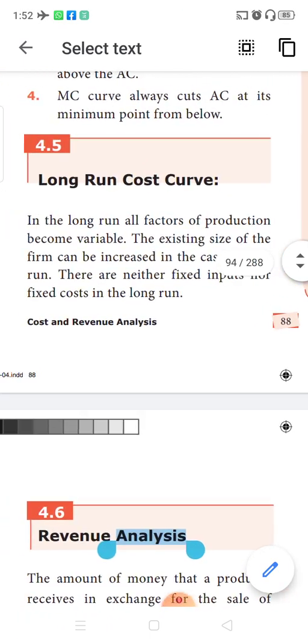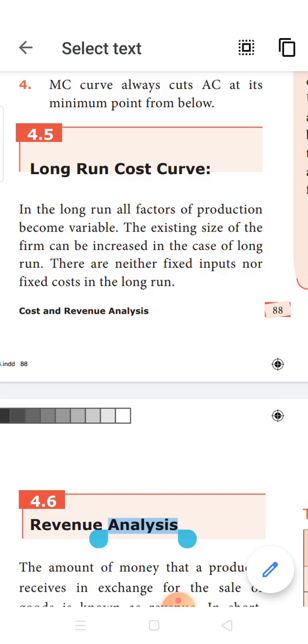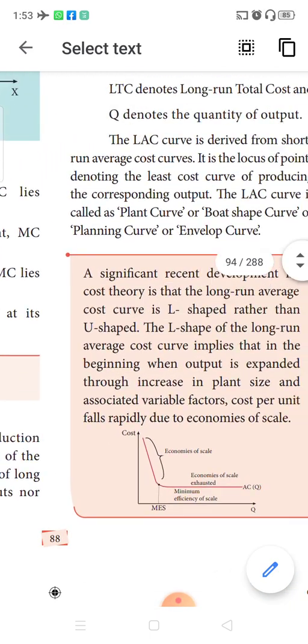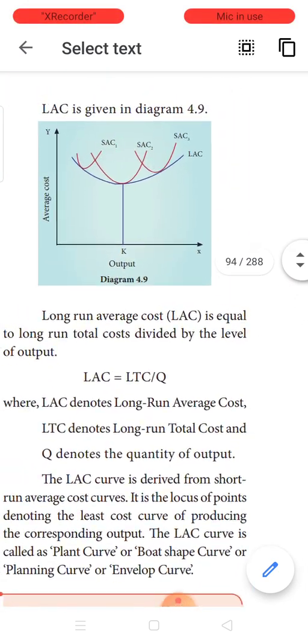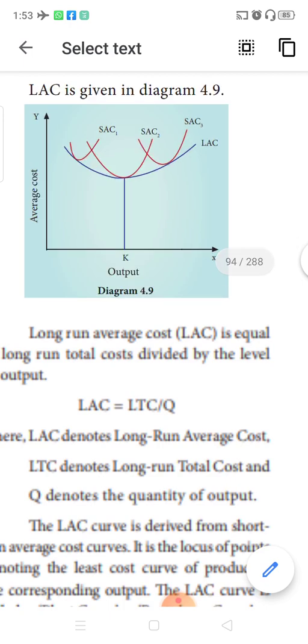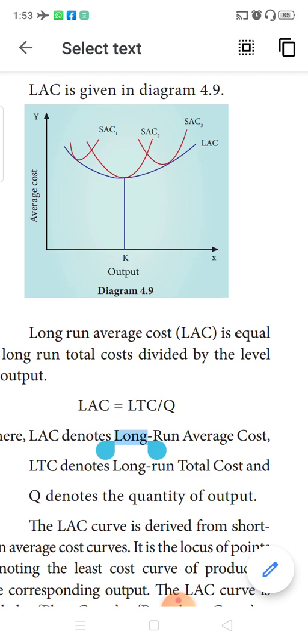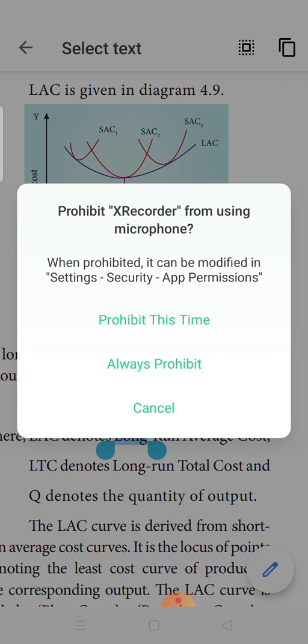So in the long run, all factors, whatever I told you, is given here. Just look at the nature of the curve here. This long run average cost curve, as such you cannot draw an LAC curve for a long period of time, because initially when the business is starting, all of a sudden they will not install 100 plants and 1000 plants. Plant here I mean plant and machinery.